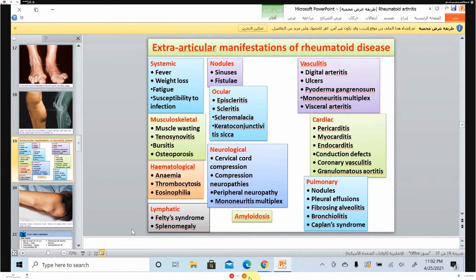In the musculoskeletal system we may have muscle wasting, tenosynovitis, bursitis and osteoporosis. Osteoporosis in rheumatoid arthritis can be of two types, generalized and localized: localized at the site of inflammation, and generalized because of immobility, since during a flare up the patient will be bedridden.